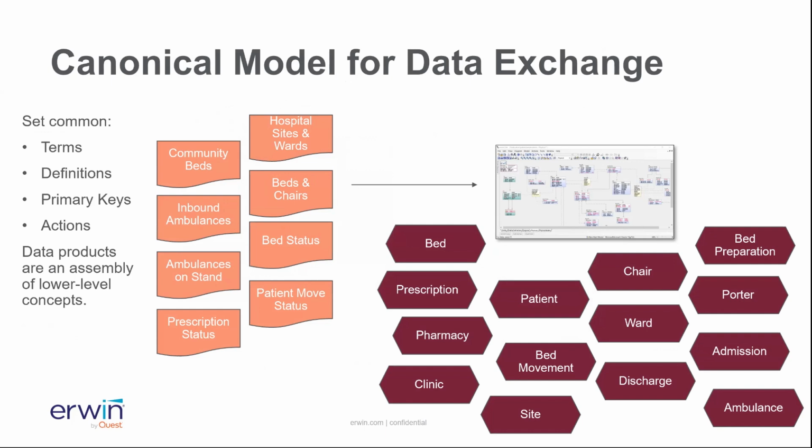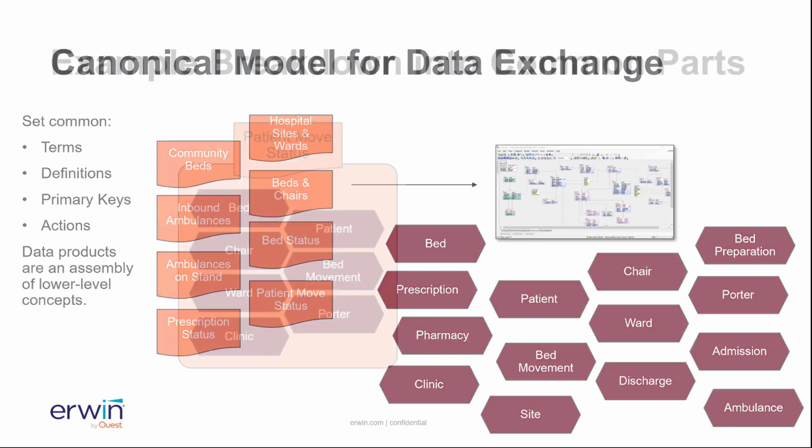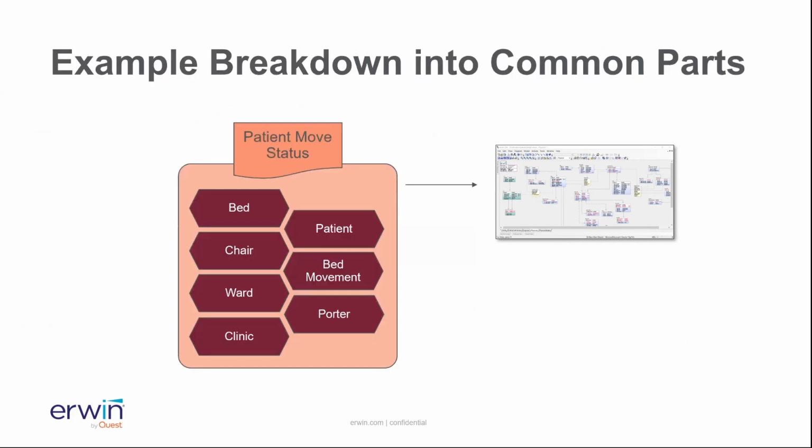So essentially what I'm trying to show here is we've got the products on the left that we can be sending out, but they include fragments of data from the hospital, which could be standardized. So for example, our patient move report would have information about beds and chairs and wards and clinics in it, and we should be representing beds the same in other data products that also include bed data, and we should have a common way of representing bed information and patient information, which is what that canonical model is all about.